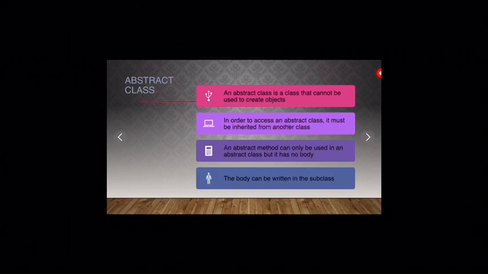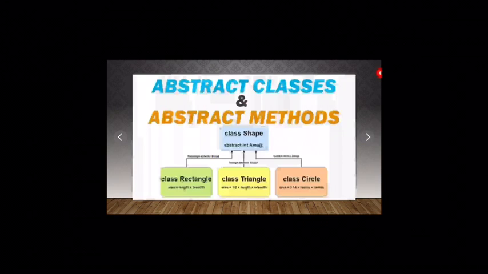So think of an abstract class as basically like a superclass. Then you have a subclass that is inheriting the stuff from the abstract class. In that subclass, you can implement the abstract method and write the body, right? I know this might be a little hard to understand, but next, this is an example.